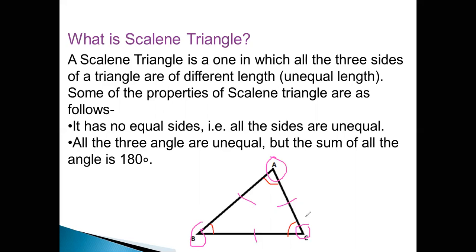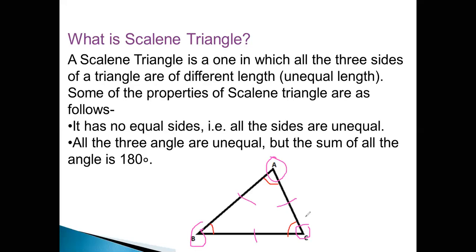Three sides: AB, BC, and AC. If it is a scalene triangle, then all the sides must be different.